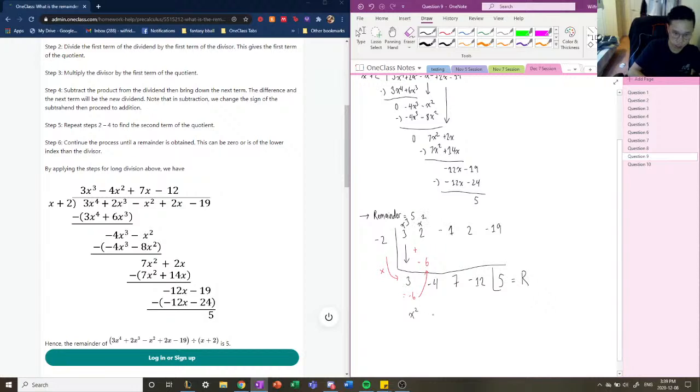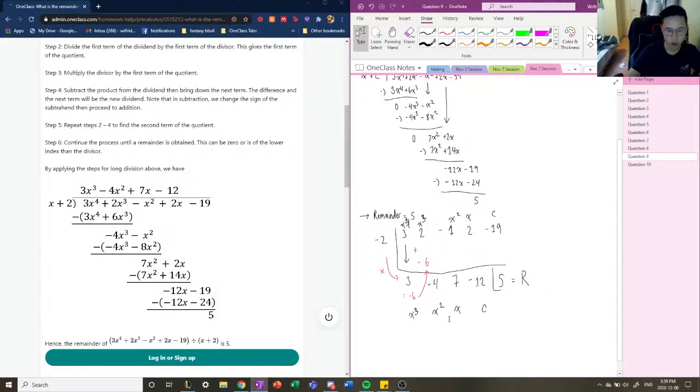So this is x squared, this is going to be x, and this is the constant coefficient. Then this is going to be x cubed, x squared, x, and the coefficient itself. Okay, so that's how you read it.